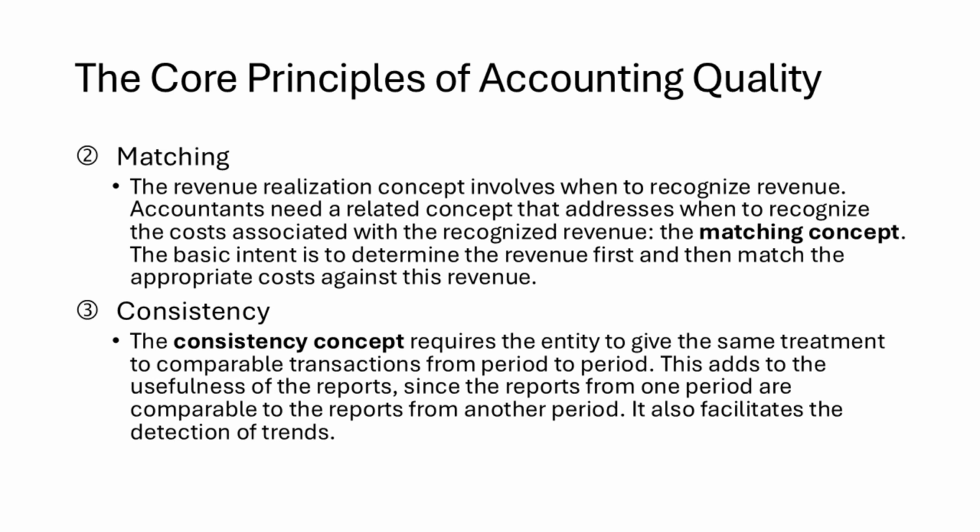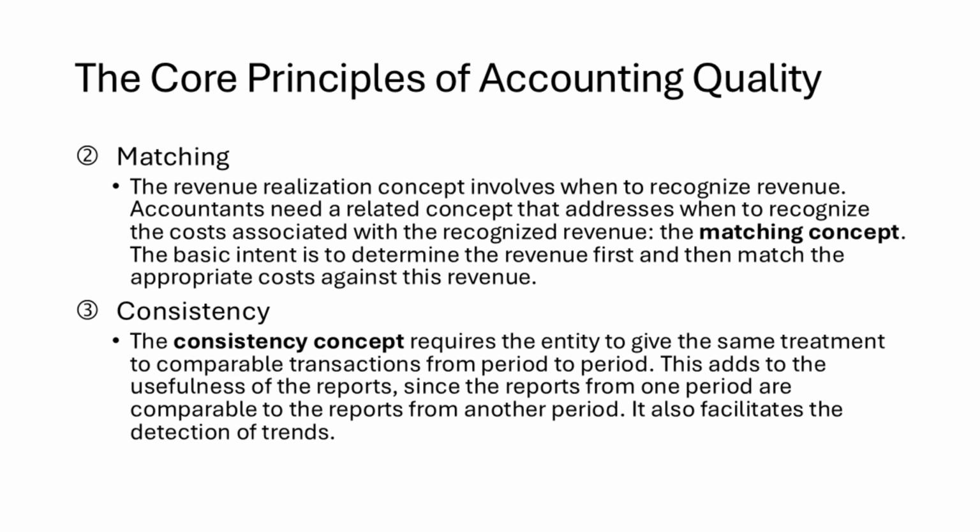Sometimes the change will be based on a new accounting pronouncement. When an entity makes a change in accounting method, the justification for the change must be disclosed along with an explanation of the effect on the statements.